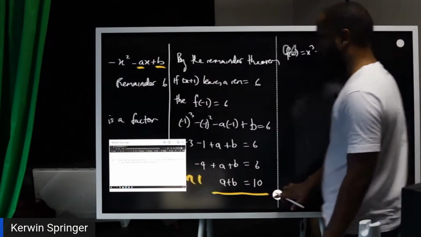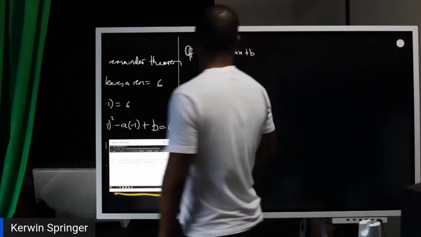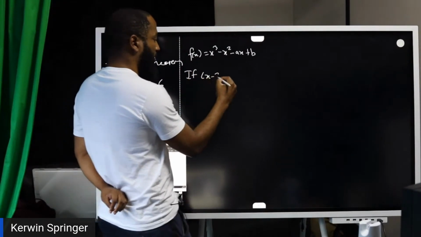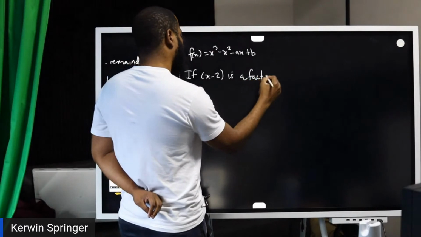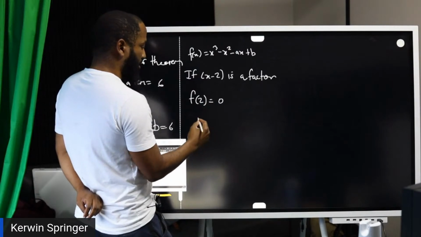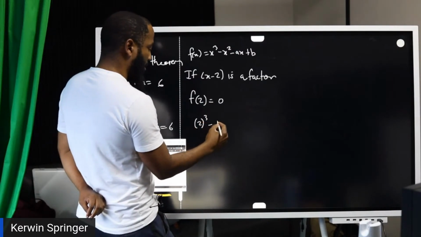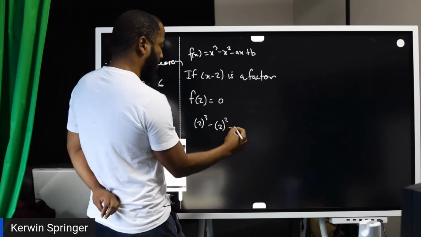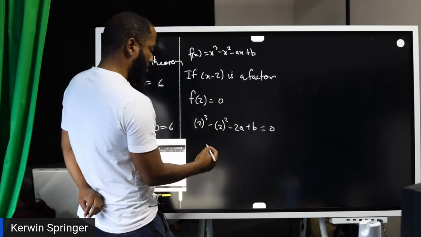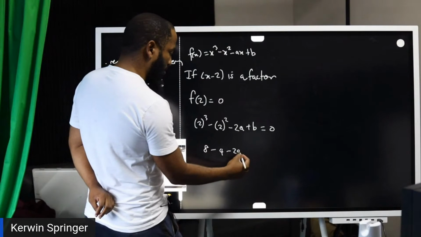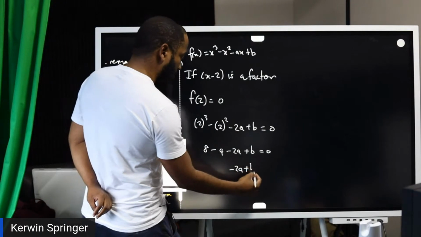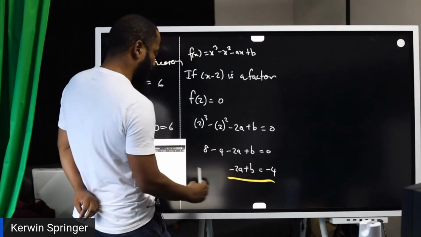If x minus 2 is a factor, then f of 2 should be equal to 0. So we get 2 cubed minus 2 squared minus 2a plus b is equal to 0. 8 minus 4 minus 2a plus b is equal to 0, so I'm getting negative 2a plus b is equal to negative 4. Say in the chat if you understand.